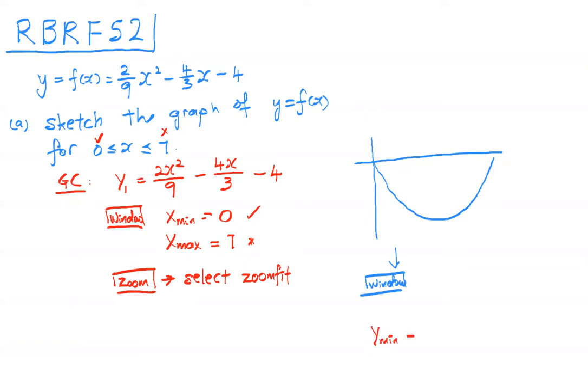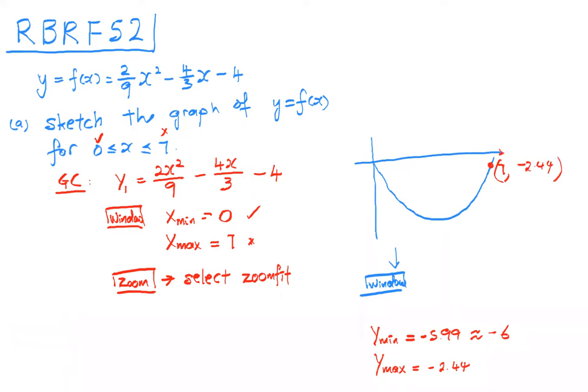What is the y minimum? Negative 5.99999, so it's approximately -6. Okay, what is your y maximum? Negative 2.444. Okay, so that means when x equal to 7, this is your negative 2.444. Correct? So that means it's still negative.